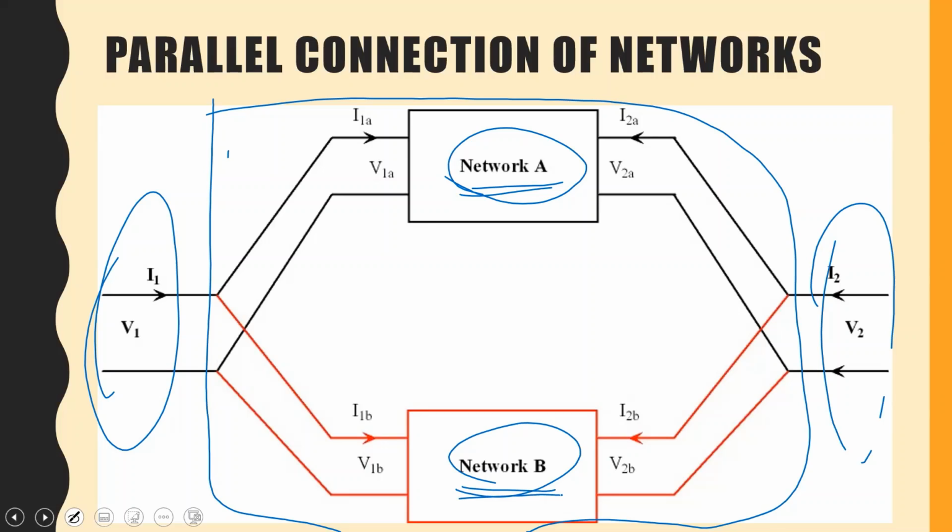All right? Now I want to look at the current I1. So here is I1. I1 comes to this node and it divides.